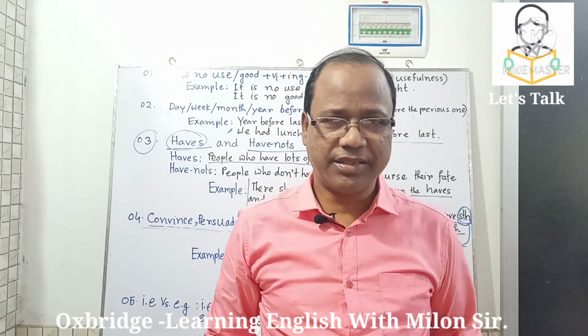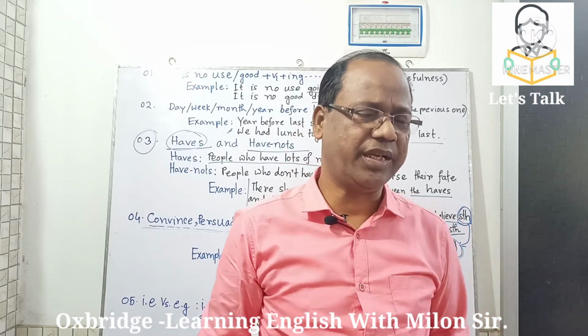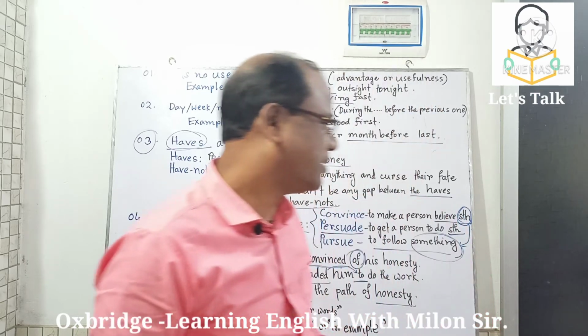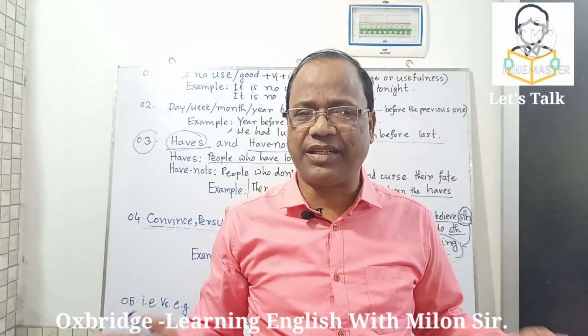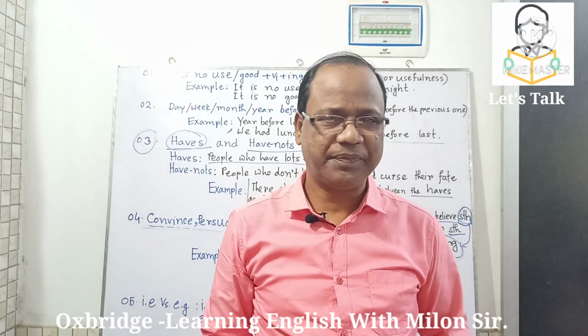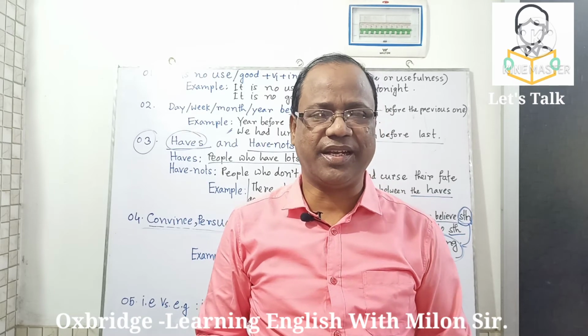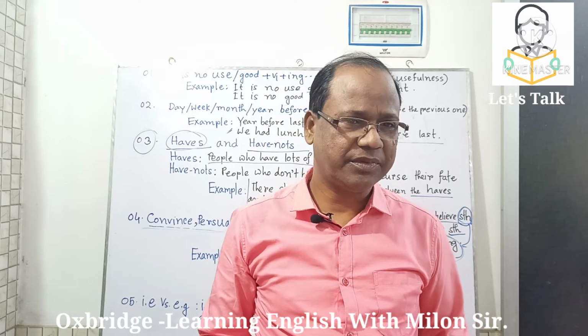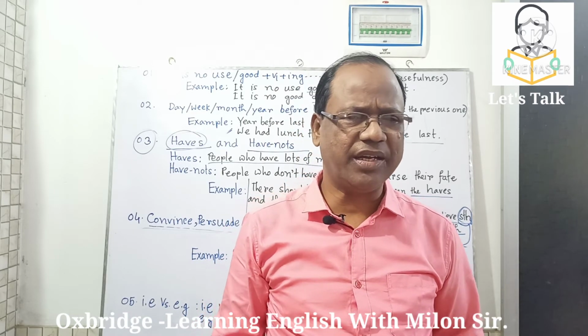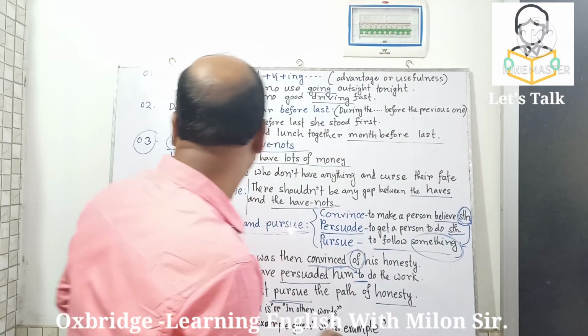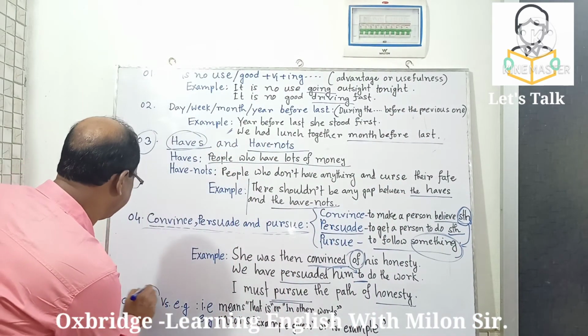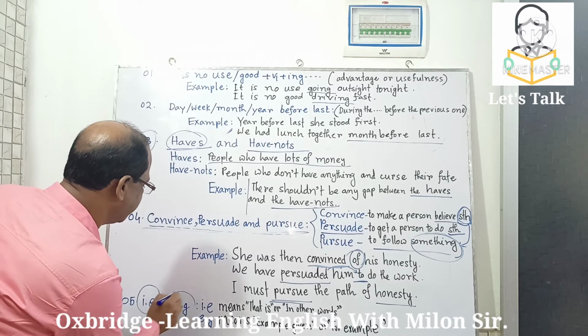Dear viewers, our next example to discuss today is a very easy one. I think that you are aware of them. However, I have mentioned it here to share with you. The first one, IE versus EG.